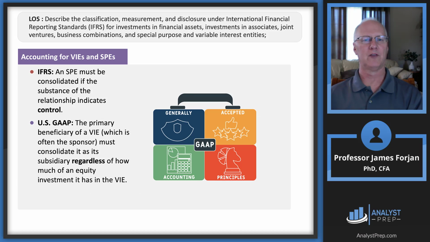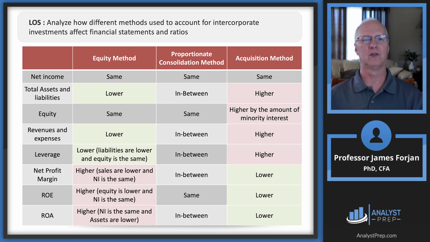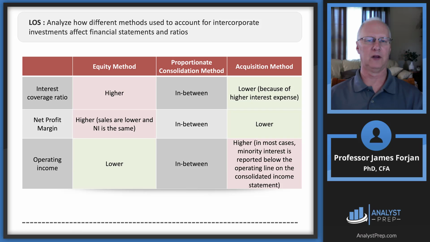Under IFRS, SPE must be consolidated if the substance of the relationship indicates control. We said that already. Under GAAP, the primary beneficiary must consolidate it as a subsidiary regardless of how much equity it has. Here's another slide, and here's another one too.